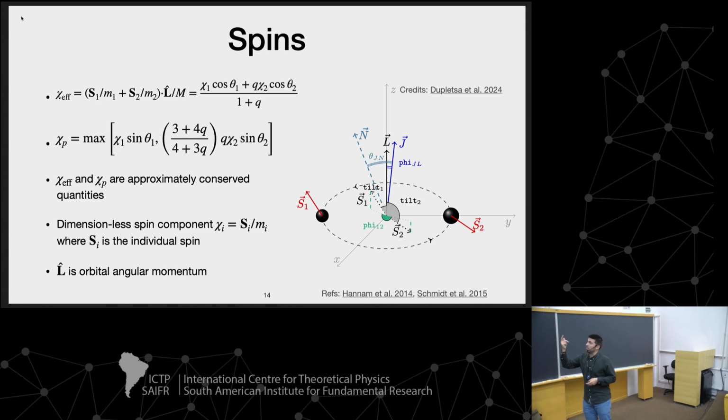And they are very handy in a way. So if you have a non-zero chi-p, it means that you have a non-zero precessing orbit. So you can actually see that in the gravitational wave strain that I showed you yesterday.